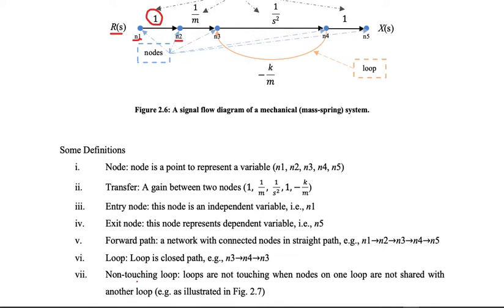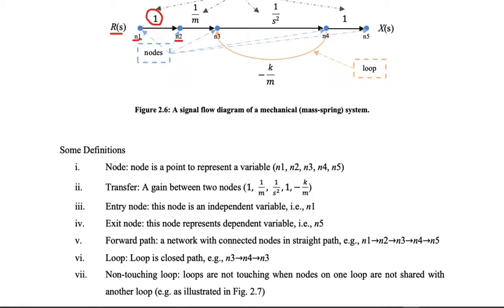Then we have the definition of forward path. A forward path is a network connecting nodes in a straight path, for example from N1 until N5. This network with nodes N1 until N5 is known as the forward path.